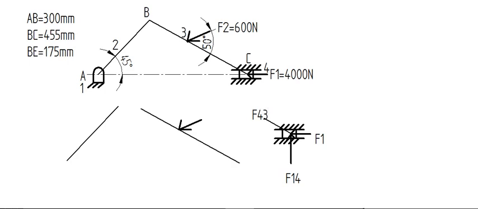Okay, so next step you can draw the force polygon using these 3 forces. So you know the magnitude and the angle only for F1, whereas for F43 you don't know the magnitude, but you know the direction, because the angle from here you can draw it.